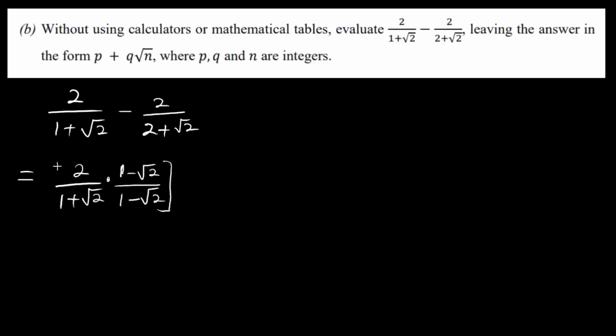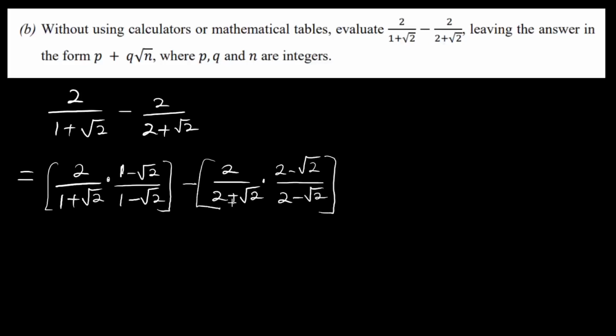So I'm going to simplify this, minus 2 over 2 plus root 2 times 2 minus root 2 all over 2 minus root 2. The interesting part about this rationalization is the denominator is always a difference of two squares, so you don't have to worry about it.